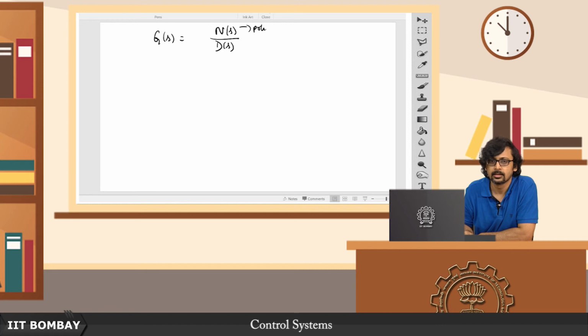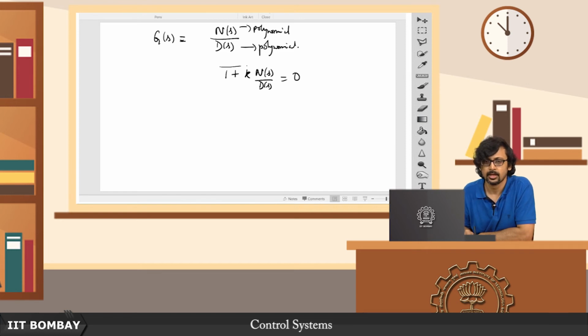So if you use this, 1 plus k times ns upon ds is equal to 0, and you want to solve for this, notice what happens when k tends to very large values. What you are essentially solving then is ds plus k times ns is equal to 0.